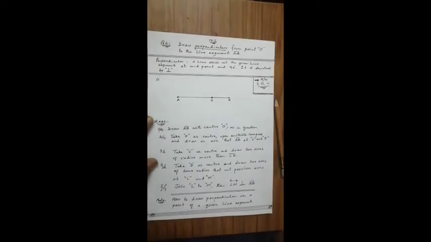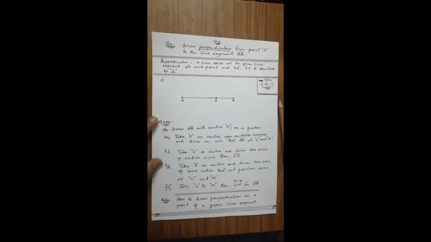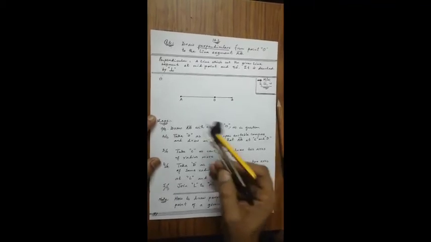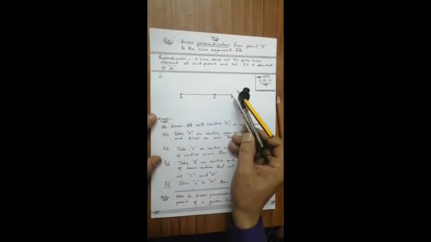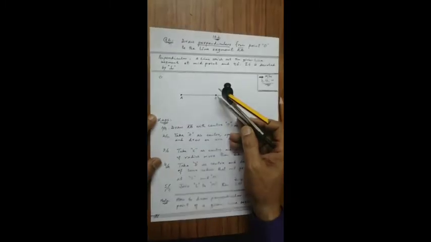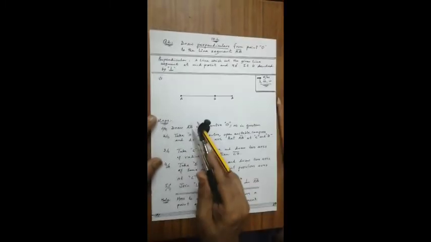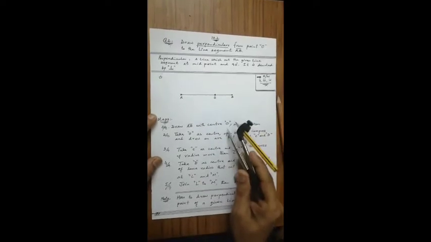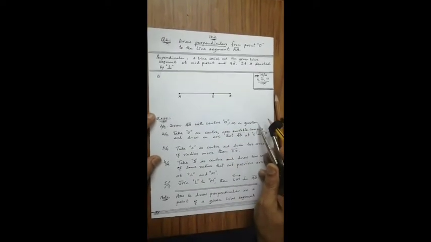Now let us learn how to draw the perpendicular at a point on the given line segment AB. Now we will start the procedure to draw the perpendicular on line segment AB at the point O. Dear students, draw line segment AB with center O as in the question given.